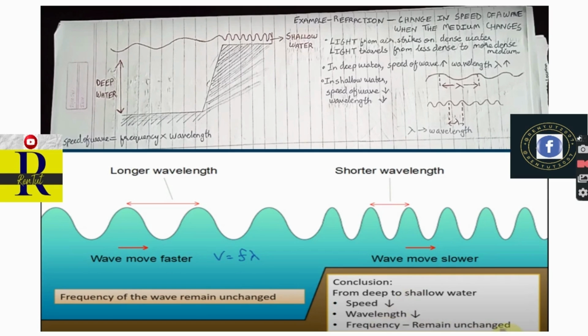Now refraction is a change in speed of the wave when the medium changes. Here there are two mediums, one is air and one is water, sea water. Now the light from the air strikes on the dense water.